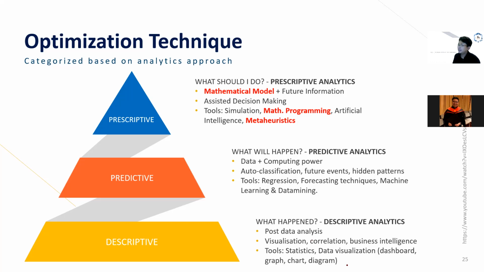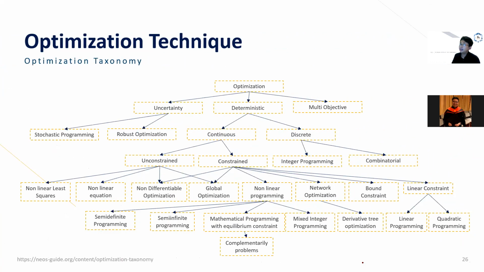Okay, next, this graph is a simplified one, because if you really want to draw the relationships of optimization in terms of modeling techniques, if you want to make the taxonomy, one model, one category may be interrelated.